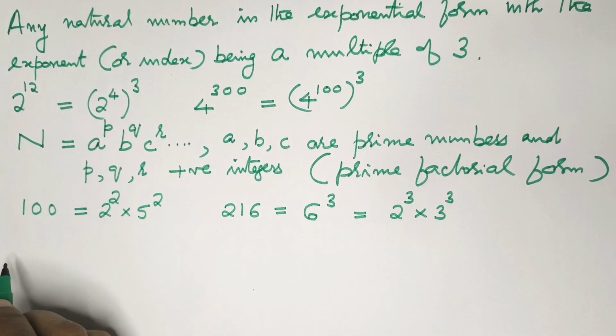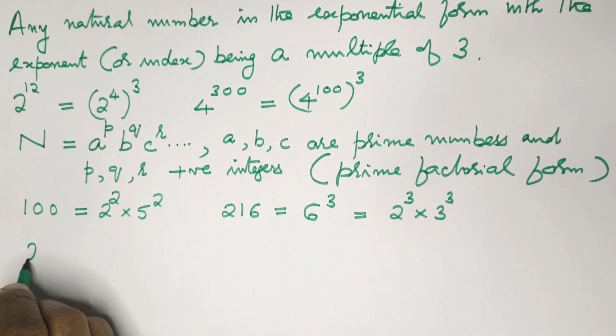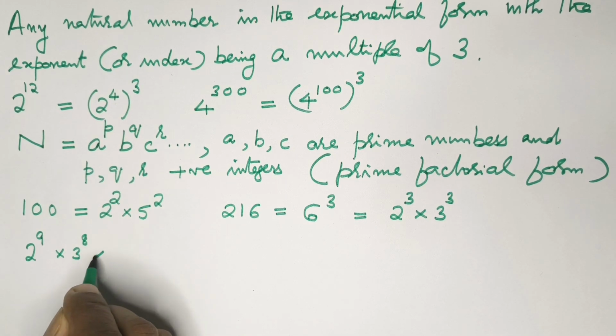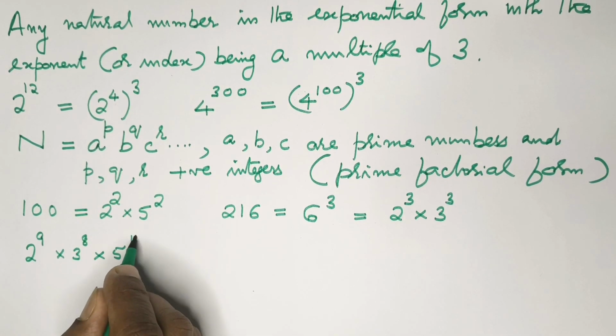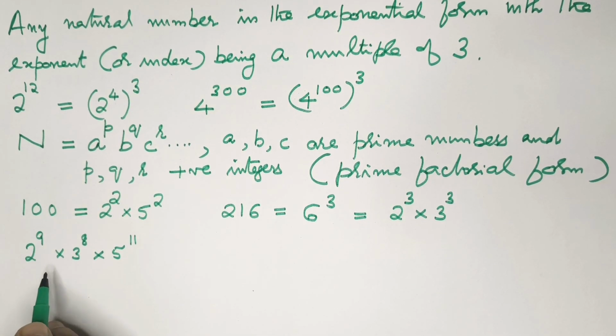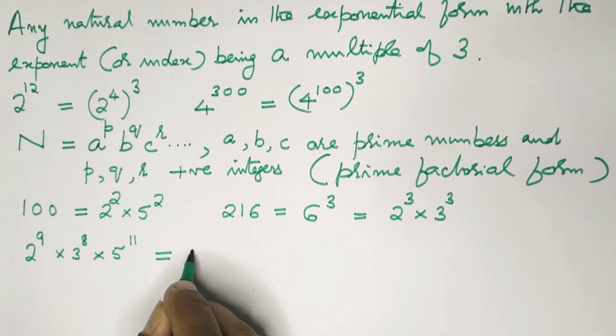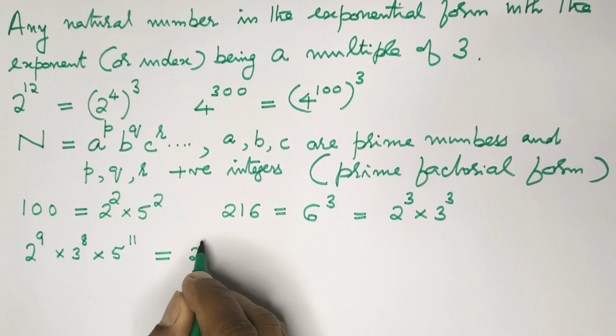Now take the number given to you, which is already in the prime factorial form. See, this is the number given to you, and you are asked to find out the least number by which this should be multiplied to convert this into a perfect cube. So the first step is to write, see, 2 power 9, already a perfect cube.